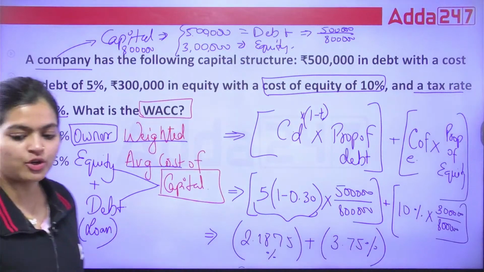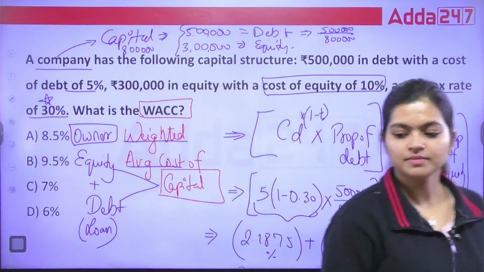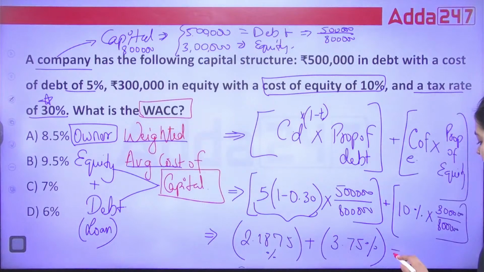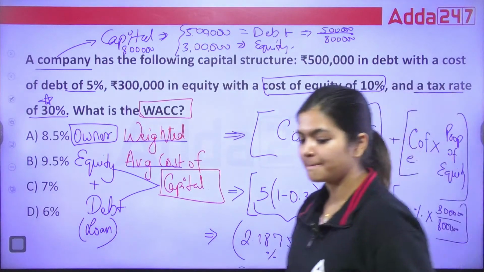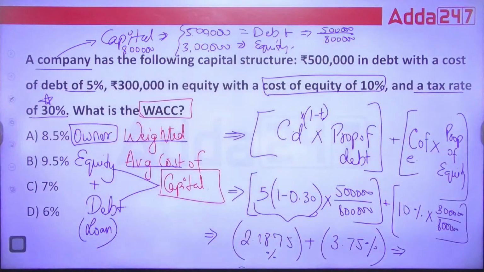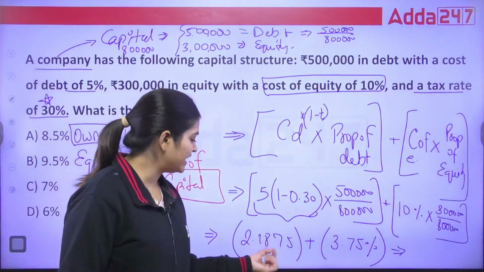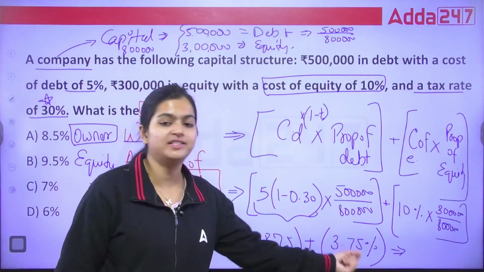Tell me, which option is your correct option? A, 8.5%, B, 9.5%, C, 7%, D, 6%. Which option is your correct option? You just need to add 2.1875 plus 3.75.